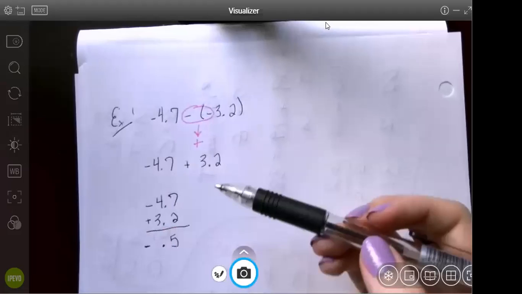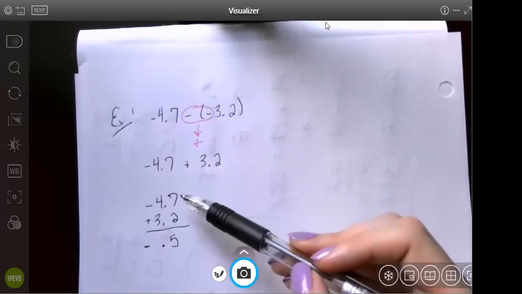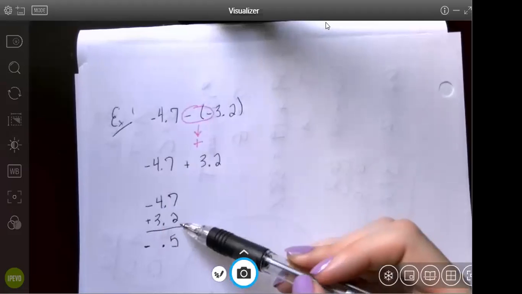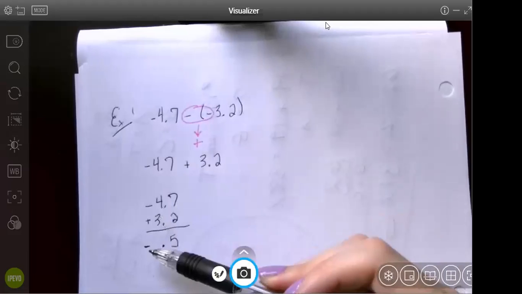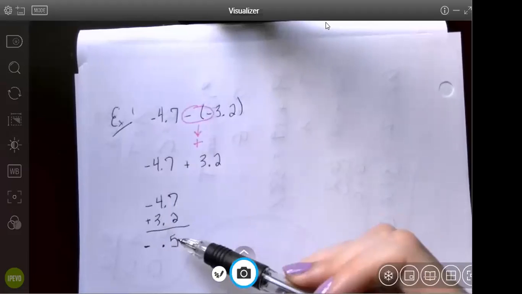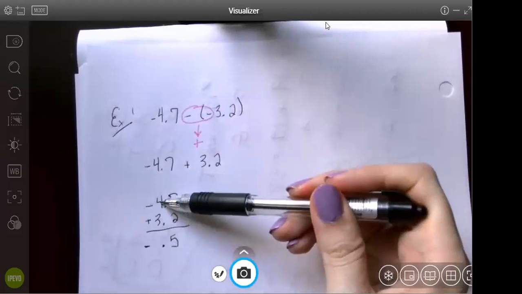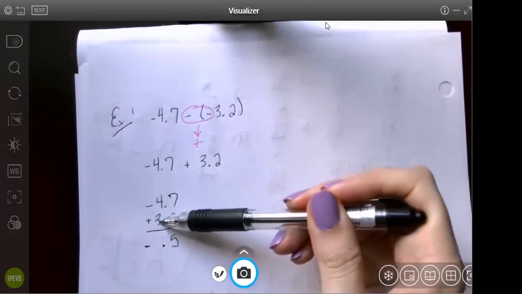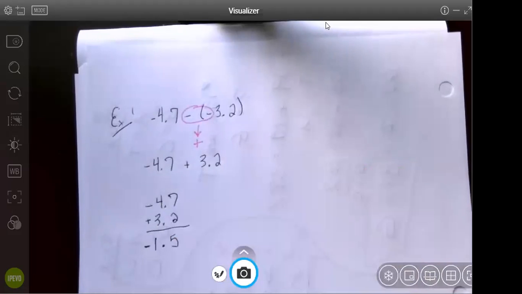So we've essentially just ignored the numbers in front of the decimal place. We've just done these numbers back here. So negative 0.7 plus 0.2 is negative 0.5. And then we do our whole numbers. Negative 4 plus 3 is negative 1. And so our answer is negative 1.5.